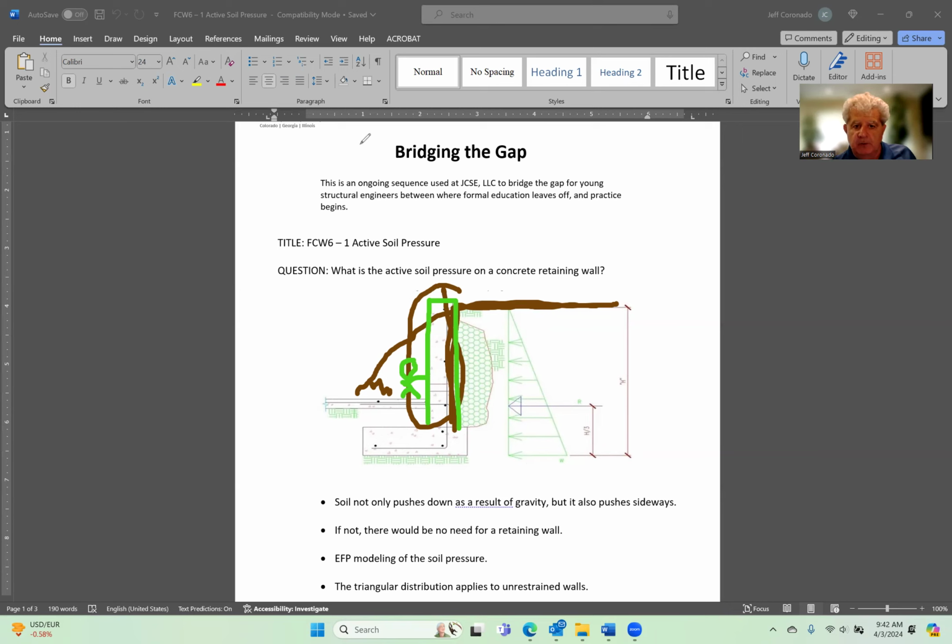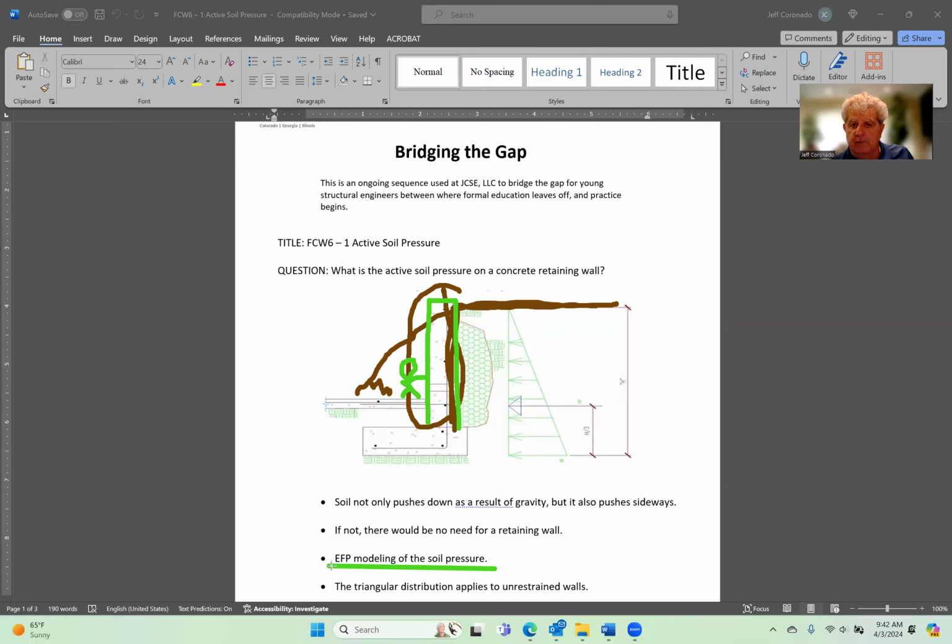All right, moving on here. EFP modeling of the soil pressure. We model the soil pressure by looking at it as if it were a fluid, and hence we get the term equivalent fluid pressure. No, it's not a fluid, but we treat the pressure that the soil exerts on a wall as if it were a fluid.